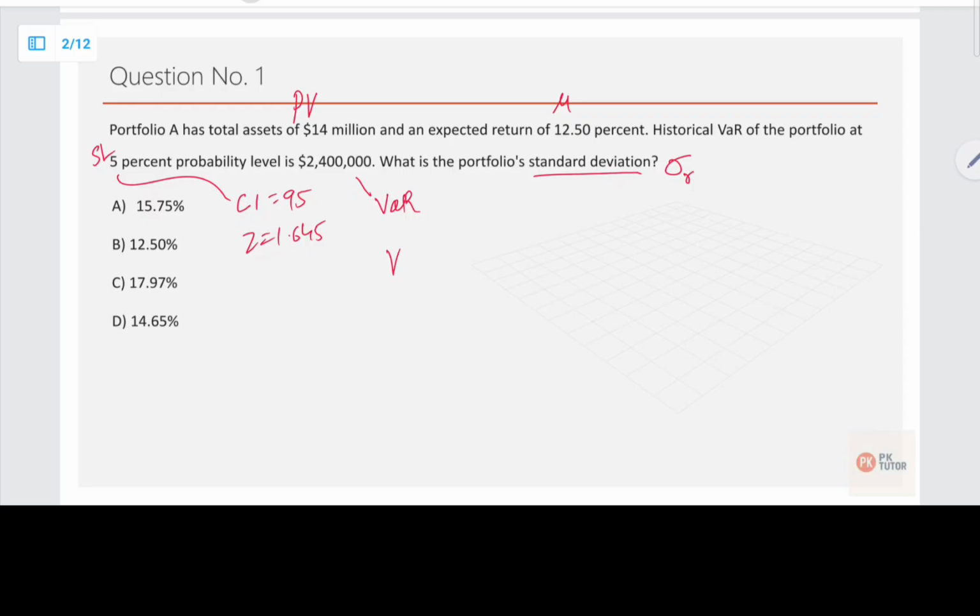We know the formula. VaR is equal to the expected return plus the standard deviation, z value, which is multiplied by the portfolio value. We have been given the VaR as 2.4 million. The return is plus sigma value we have to calculate.